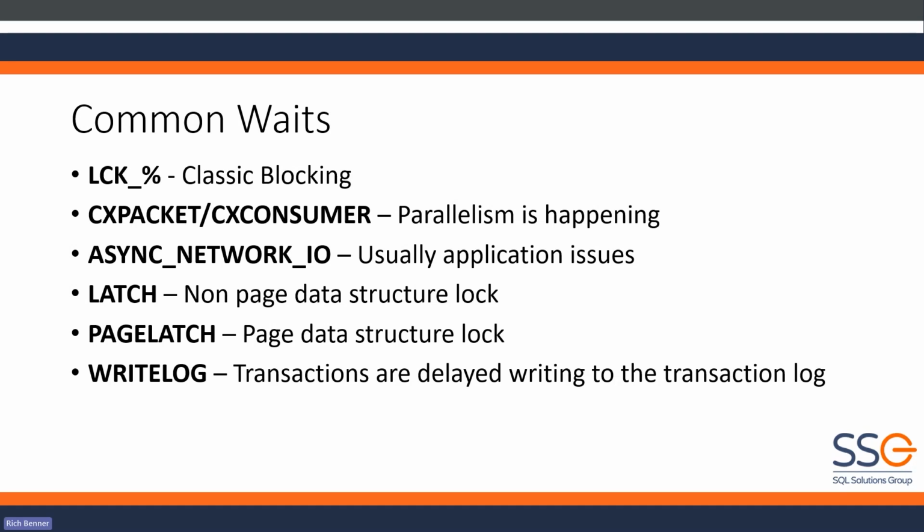It could use 4 CPU cores at once. CXPACKET waits happen when you've split your workload across 4 threads, and if one completes before the other ones, then it has a CXPACKET wait, which means it's just waiting for the other threads to finish before the data gets recombined and we carry on with the process.